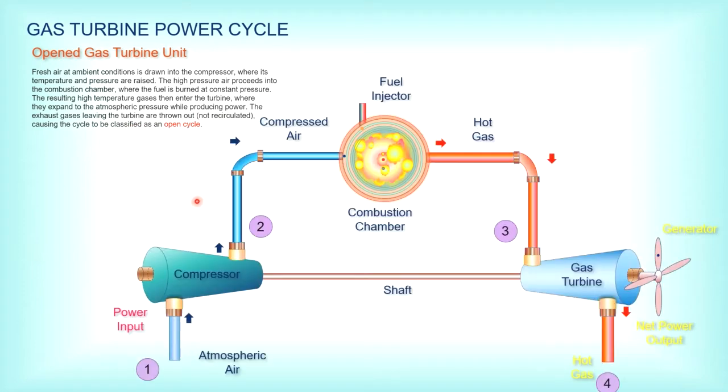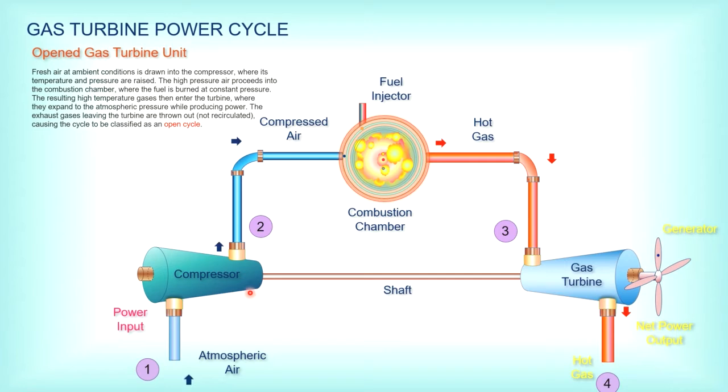The resulting high temperature gases enter the turbine where they expand to the atmospheric pressure. That means they discharge directly to the atmosphere while producing power. The exhaust gases leaving the turbine are thrown out, not recirculated, causing the cycle to be classified as an open cycle. So this is the example. This is a drawing that I have done.